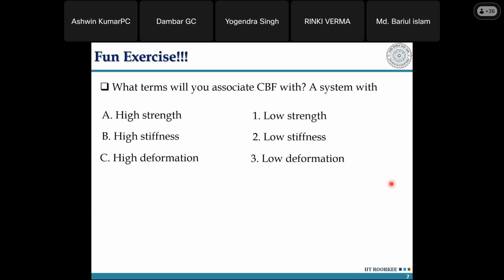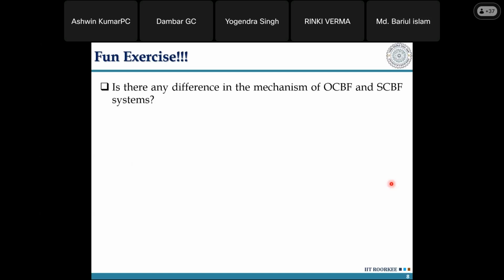So the problem that we had with the moment resisting frame, where stiffness is very low and drift controls the design, CBF improves on that system: when you give a lateral element, the stiffness of the system increases, so deflection is not a problem. So strength is what governs a design in a CBF system.